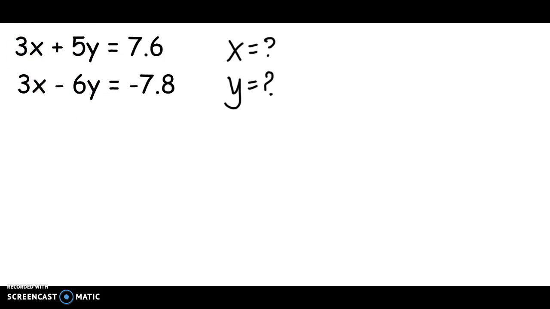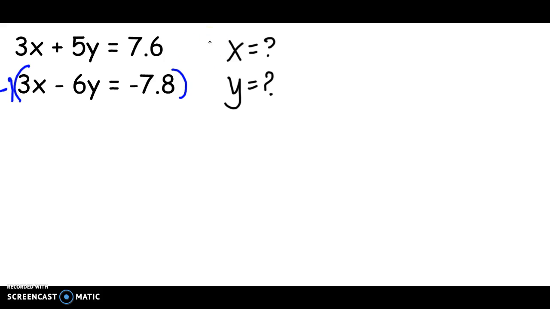If you remember back to solving equations, we learned that you can multiply or divide an equation by anything you want as long as you do it to every term. So in this case, I'm going to take this second equation and multiply everything by negative 1. Now I'm going to rewrite my equations.